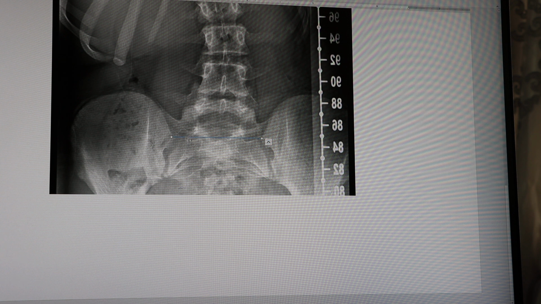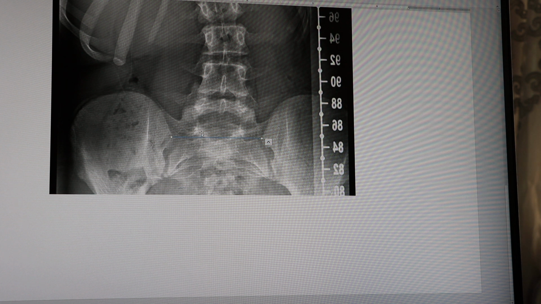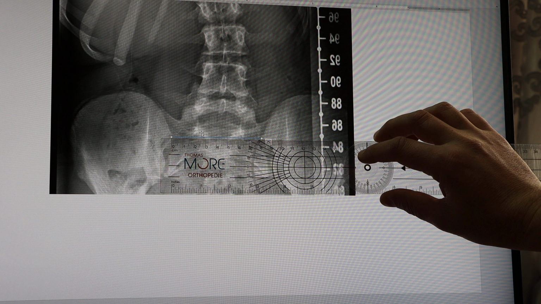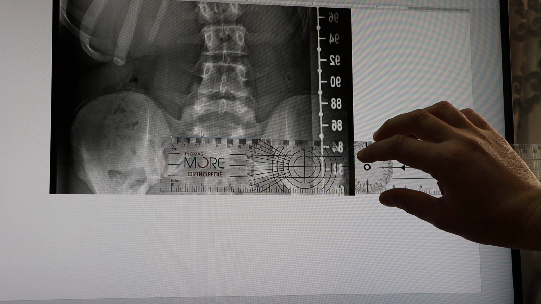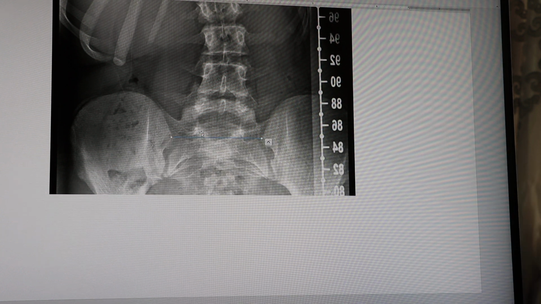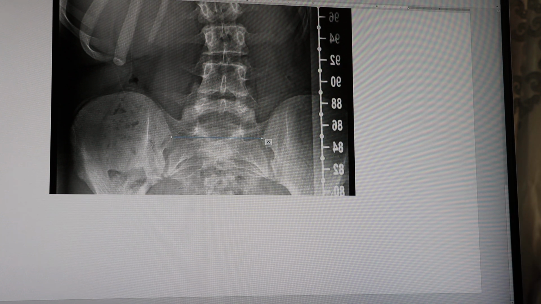There is no angulation in this line. So now the next step is to actually measure the length of this line, and it is about 8 centimeters. So the center would be the 4 centimeters.